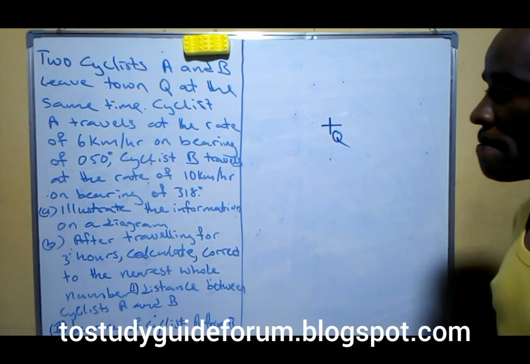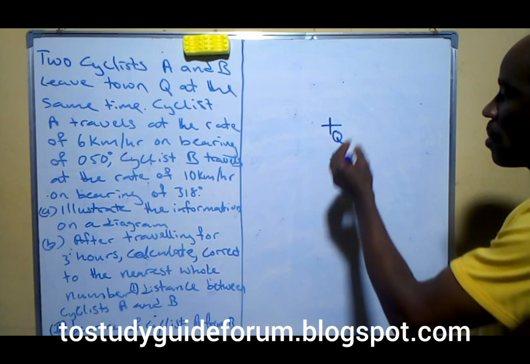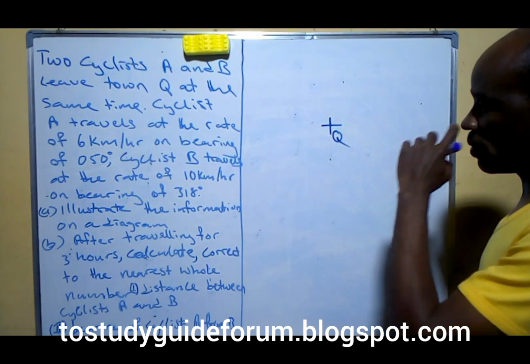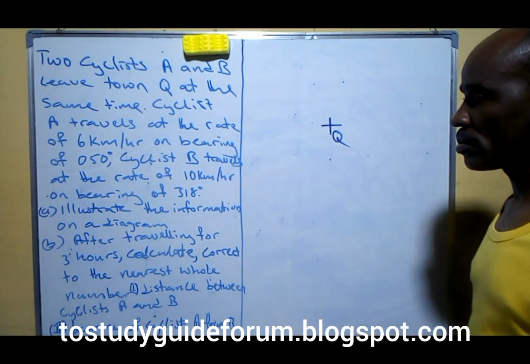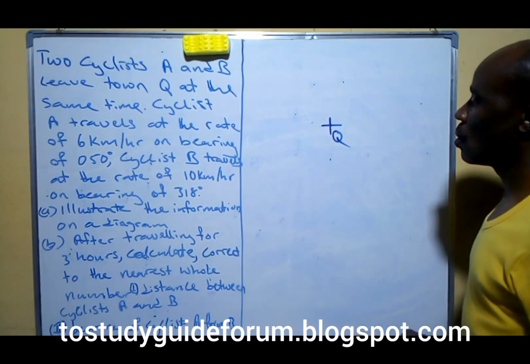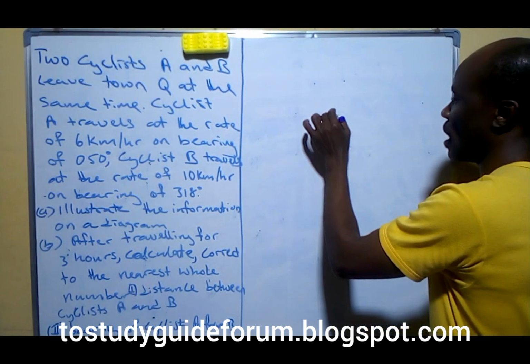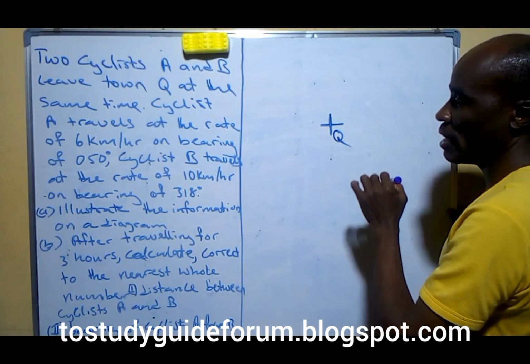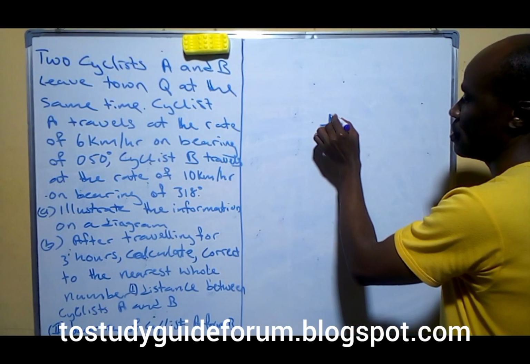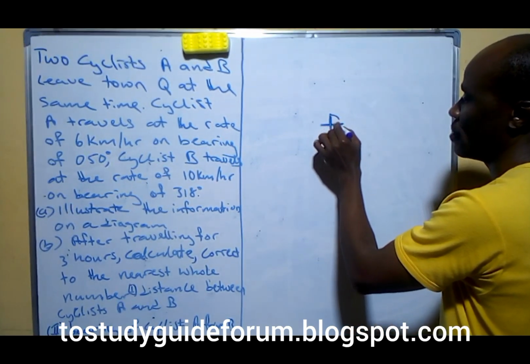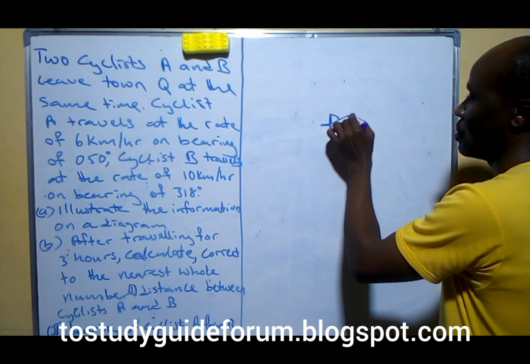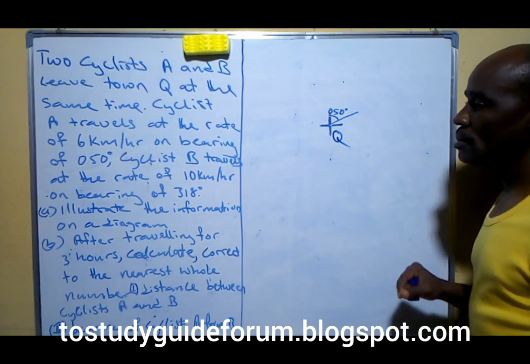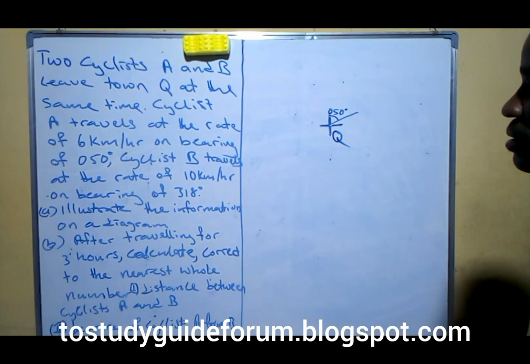We start our measurements in the clockwise direction, starting from the north. Since this is the town, we locate the bearing of 50 degrees.